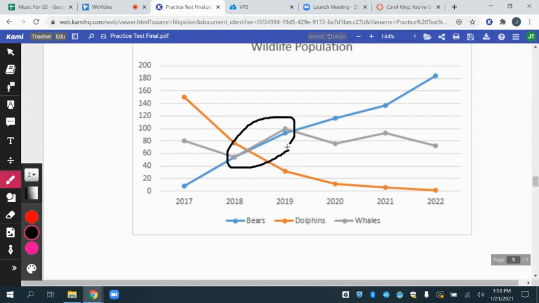This is where it's steepest, they grow from about 50 up to 100 in 1 year.